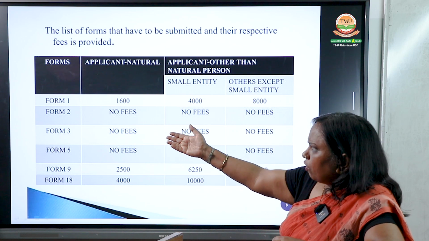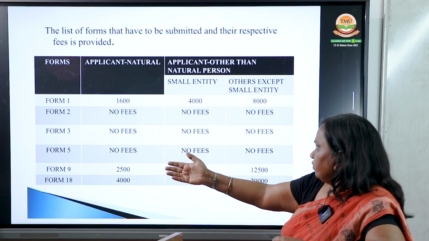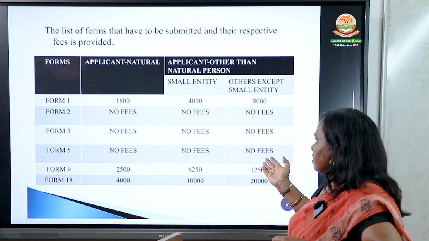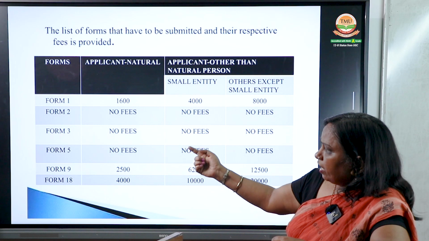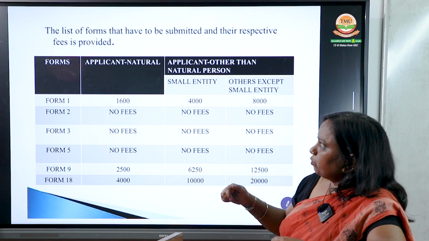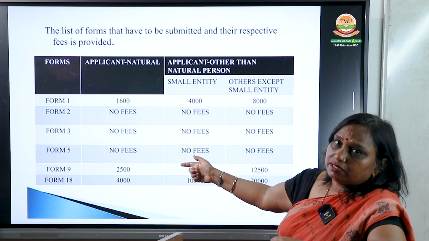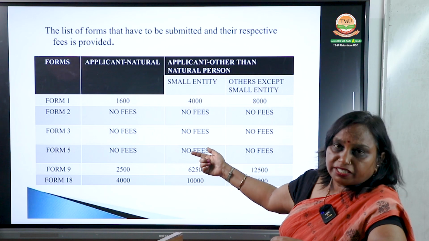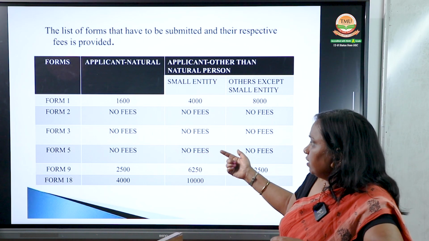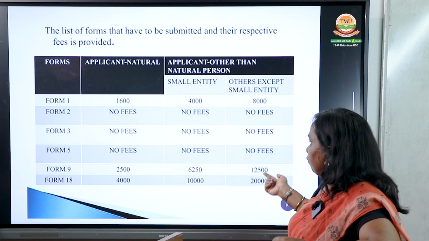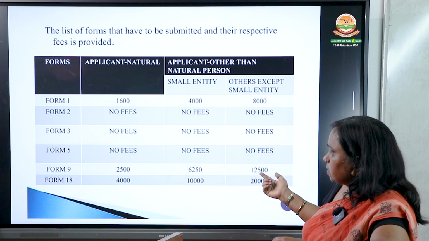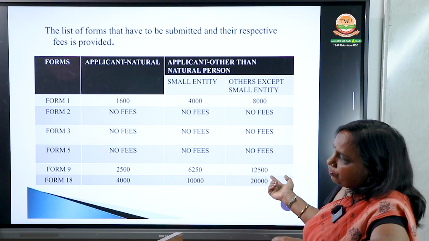And for form number 2, 3, 4, 5, there is no extra fee charged. For form number 9, you have to pay 2500 rupees if you are a person, that is, if it is related to an individual, that's per person. Then for small entities, it is 6250, and for other than small entities, it is 12,500 rupees.